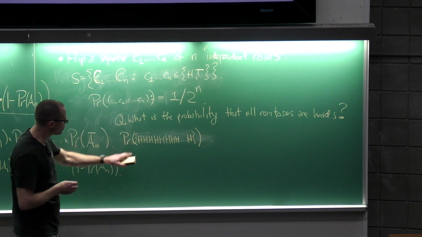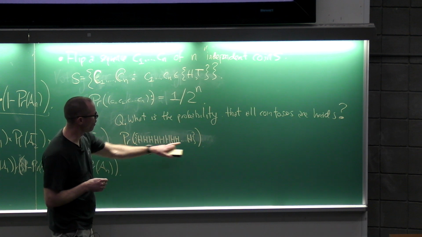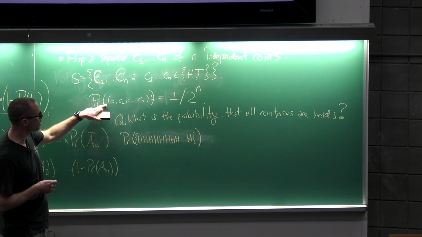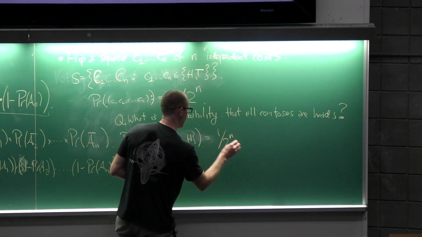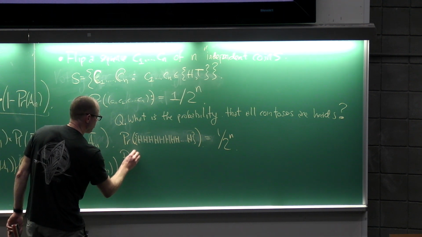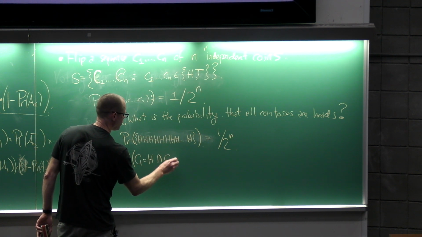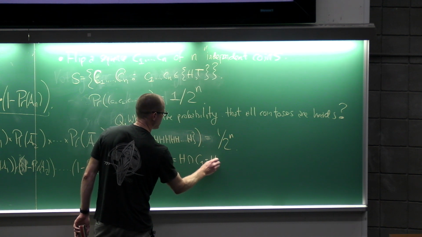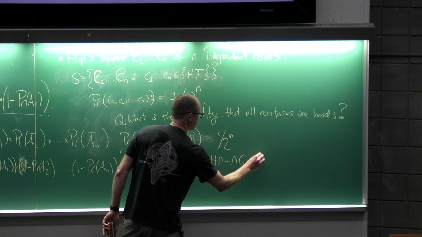This is an event, which is a set that has only one thing in it, where it's all heads. And we just said that everything in this space has probability exactly 1 over 2 to the n. Or if you don't like to think about it that way, this is the probability that C1 equals heads, and C2 equals heads, and C3 equals heads, all the way up to Cn equals heads.